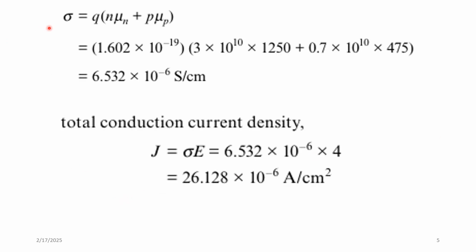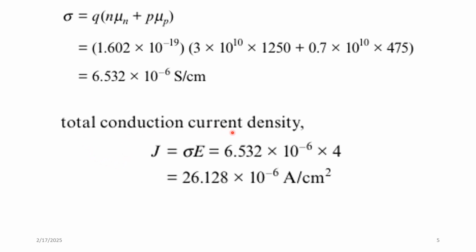Next step, I am going to use sigma, which is equal to q into n mu n plus p into mu p. Now I know both the values of n and p. I have substituted the values of n and p, and applied the given data of mu n and mu p. After simplification, my answer for sigma is 6.532 into 10 power minus 6. Okay, the unit is Siemens per centimeter.